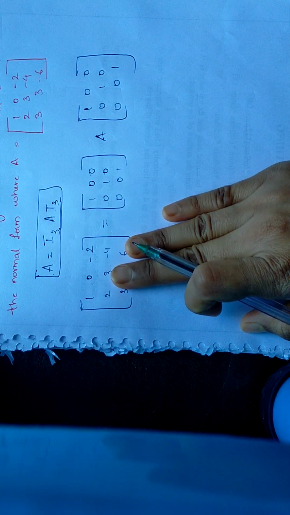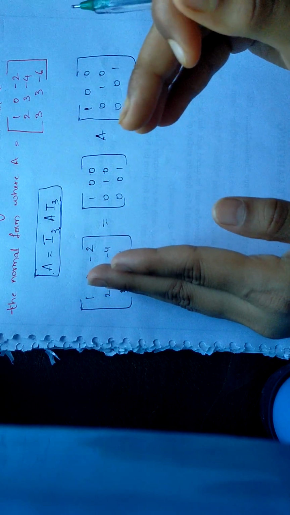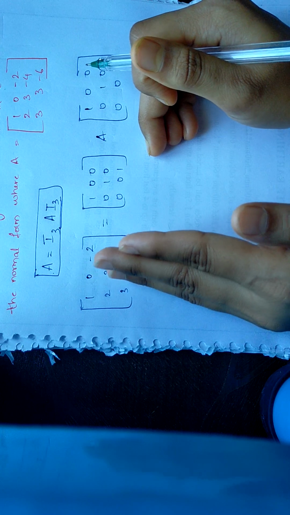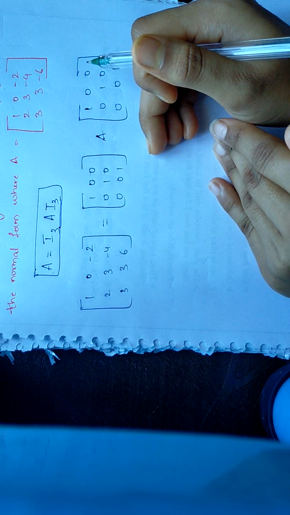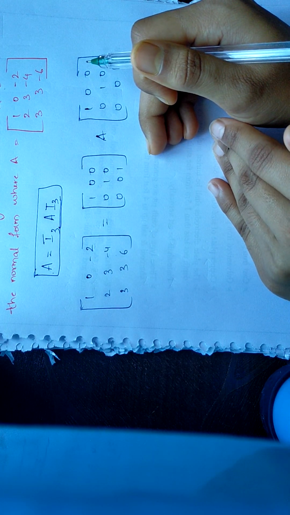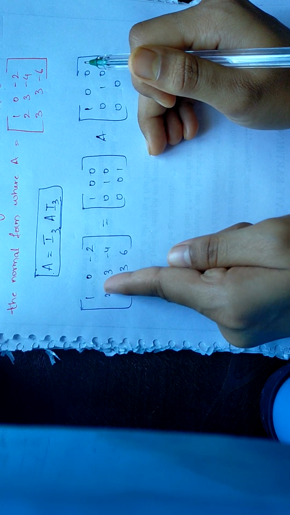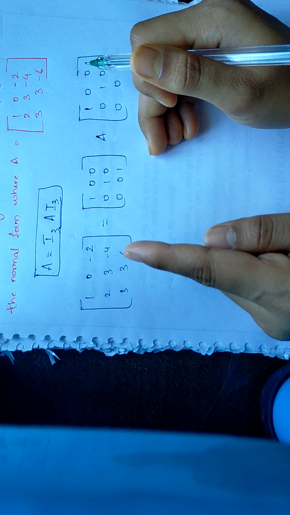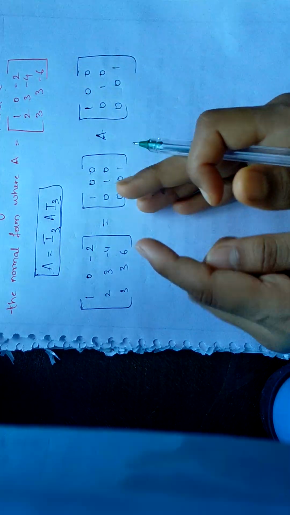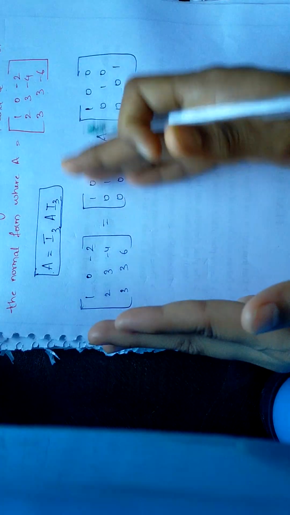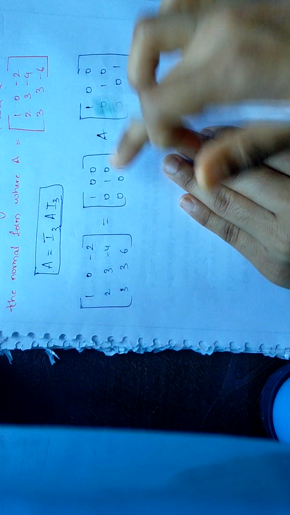Generally, we write A this side and make this side an identity matrix. But when finding the non-singular matrices, you have to make this matrix the identity, 1 0 0, 0 1 0. These other matrices are already identity.